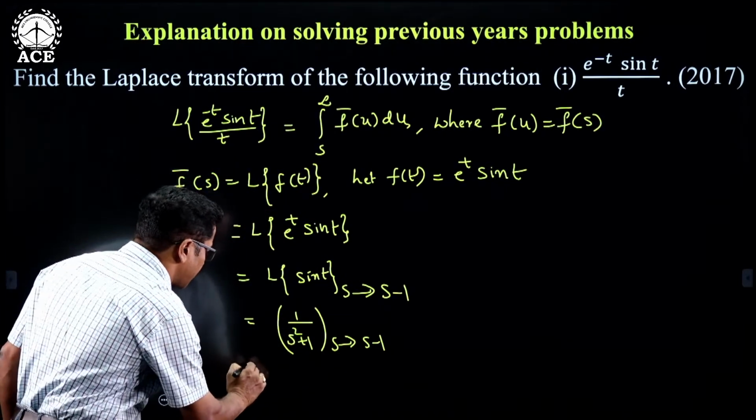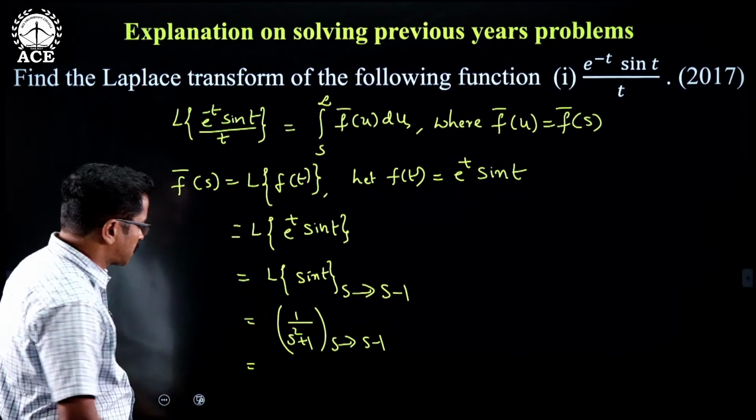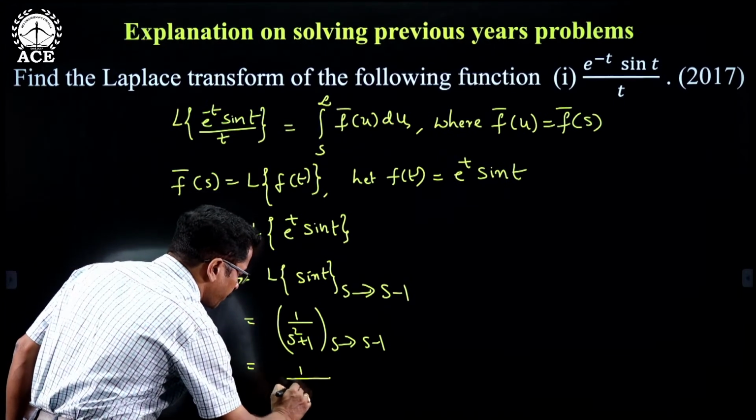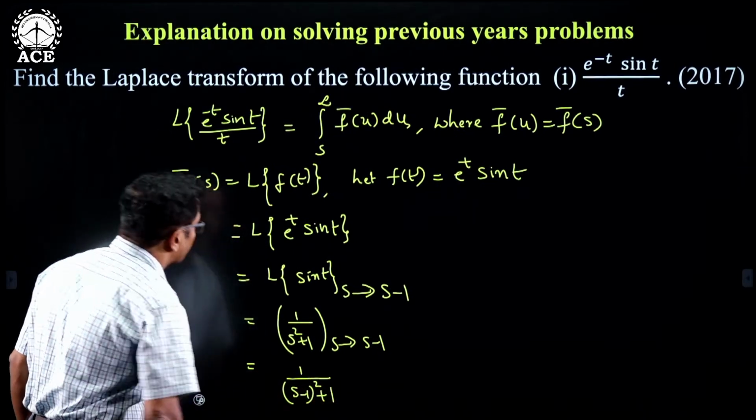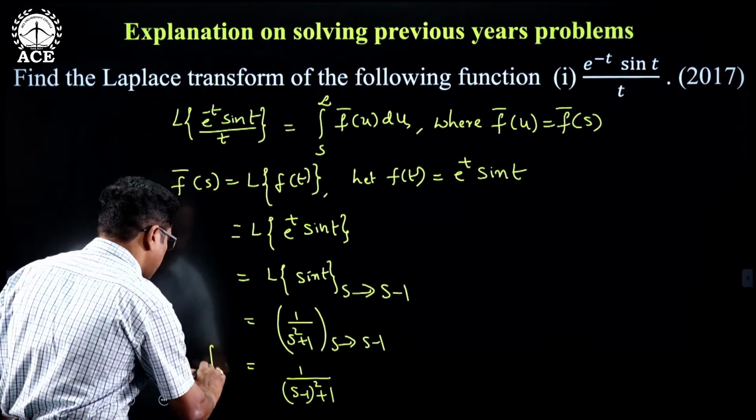When I shift s to s minus 1, that becomes 1 by s minus 1 whole square plus 1. This is f bar of s.